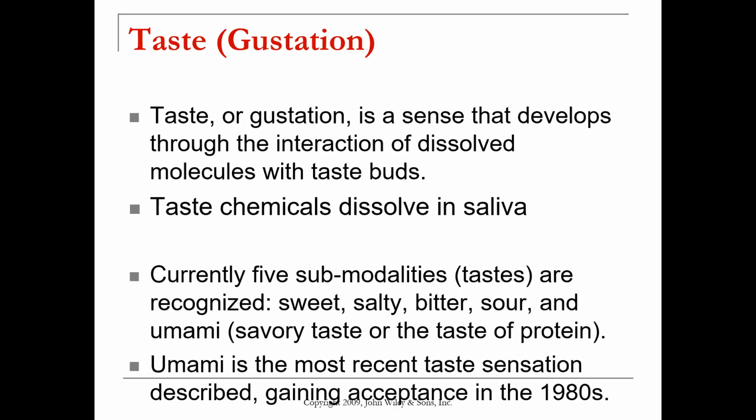It is what we call savory. It is the taste of protein. It is what you would detect, for example, when you're eating a freshly grilled piece of meat. You pick up that savory sensation in here, the protein flavor, if you will.